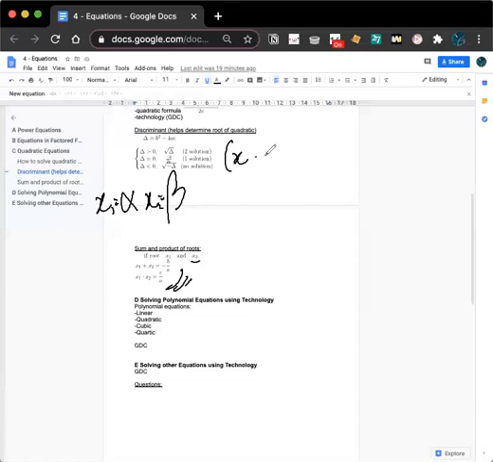So that's going to be x minus alpha and x minus beta, right? And this is equal to ax squared plus bx plus c. Remember the quadratic equation.